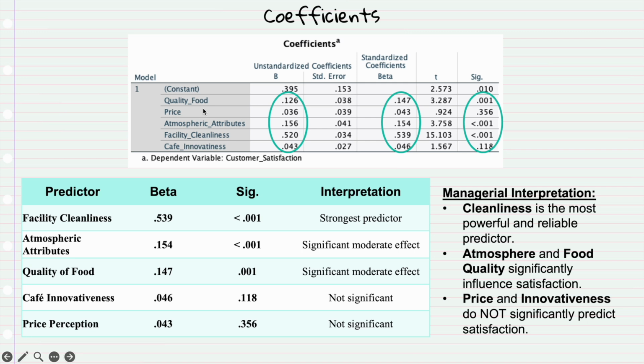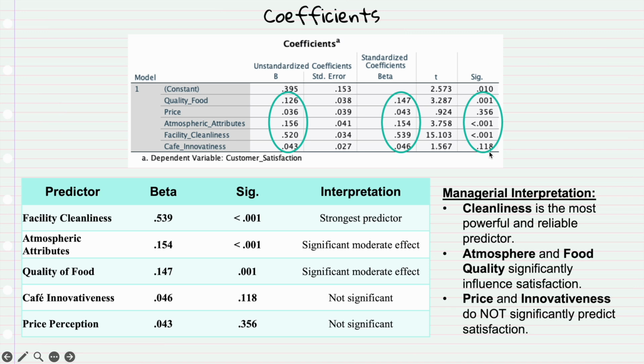Next, we have atmospheric attributes with 0.154 and p less than 0.001. Next, we have quality of food, 0.147, p 0.001. Next is cafe innovativeness with a beta of 0.046 and p 0.118.